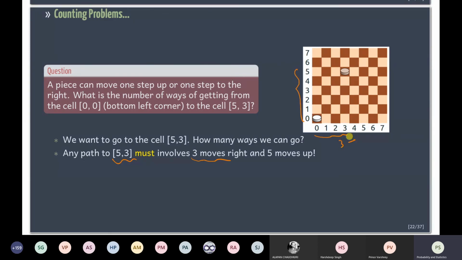So the total number of moves you have to take is 8. So the answer would be 8 choose 3. Why is the answer 8 choose 3?